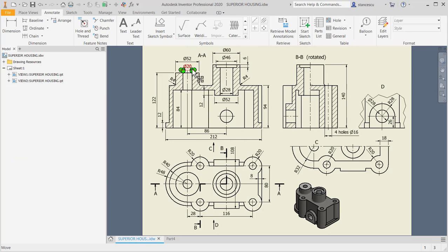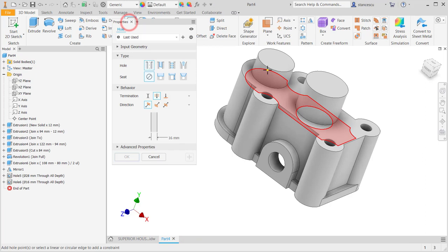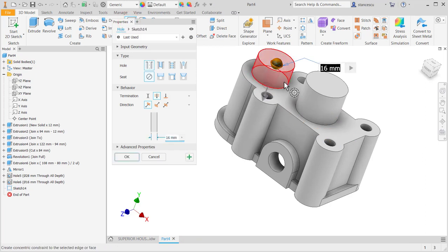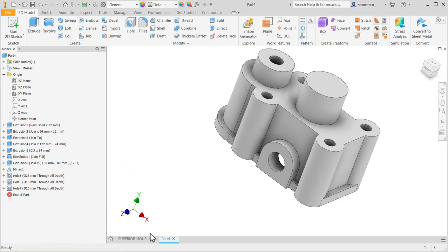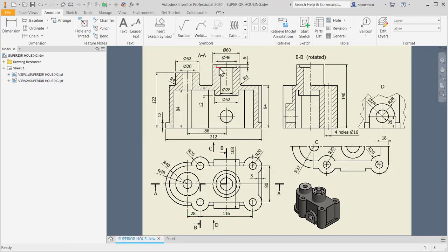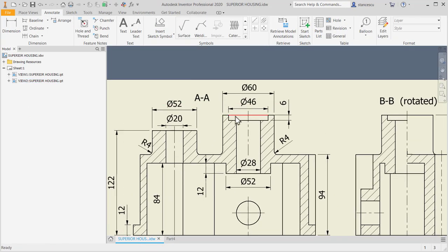Okay. The other one is 20 here. Hole, face, concentricity, and 20. The last one is a counter bore with dimensions 28, the same as before, 46, 6, and through.